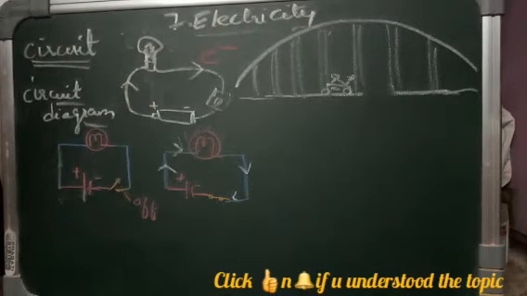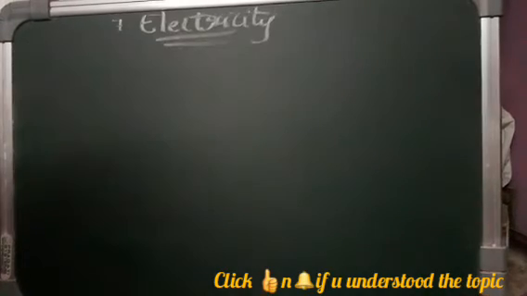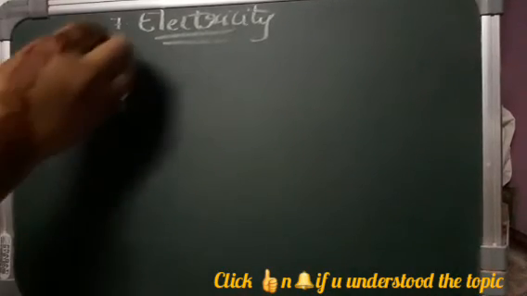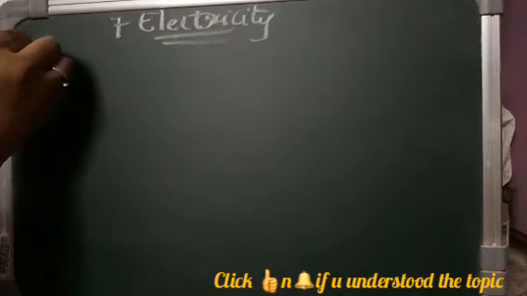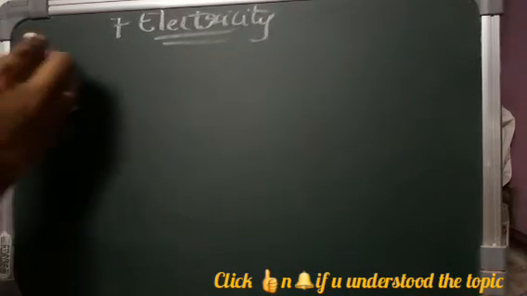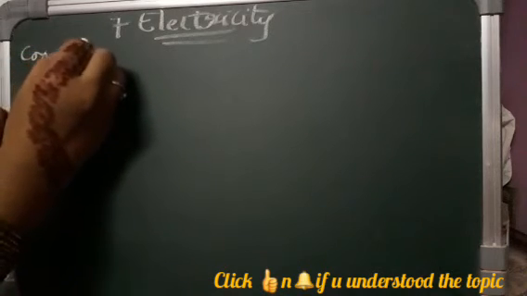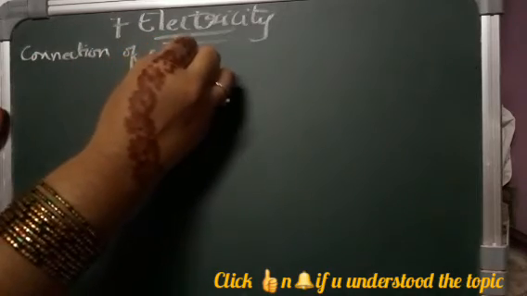Next we will learn about the series connection and the parallel connection. When the circuit is connected in series, and when it is connected in parallel, how is the connection done, we will learn about it. The connection of the cells can be done in two types.